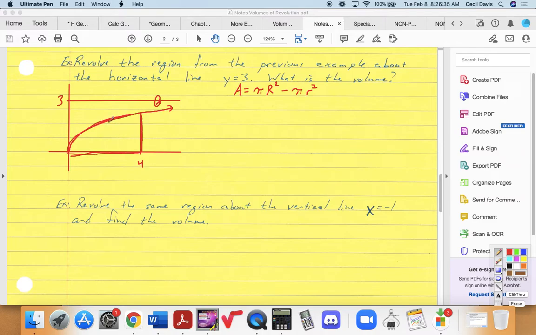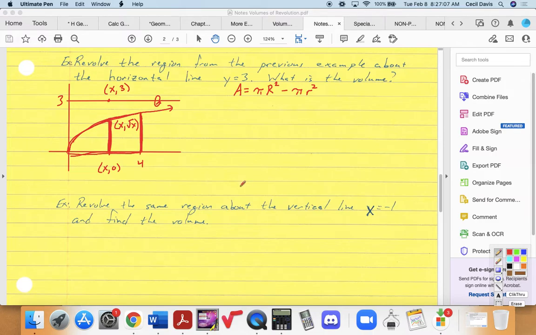If I take a representative slice here, the coordinates of this point are some random x coordinate and 0. The coordinates of this point are the same random x coordinate and the square root of x. And the coordinates of this point up here are the same random x coordinate and 3. So it would be 3 squared minus. Wait. What?